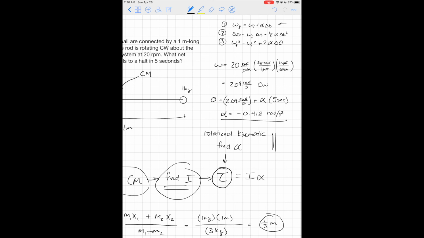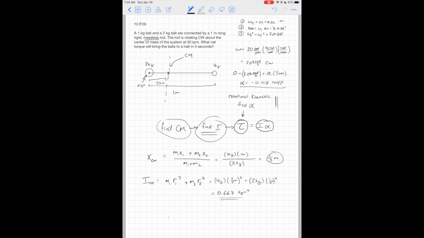So the only thing left to do is to multiply I and alpha together. So if I take I alpha, that's my torque. I'm going to get 0.667 kilogram meters squared times negative, and again, because it's the magnitude, I don't even care about the negative. It's just going to be 0.418 radians per second squared.